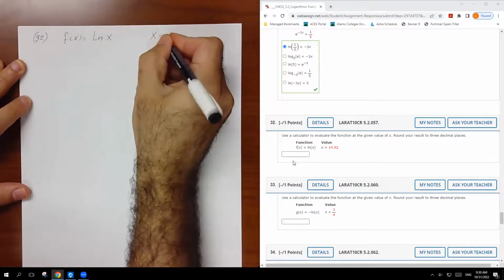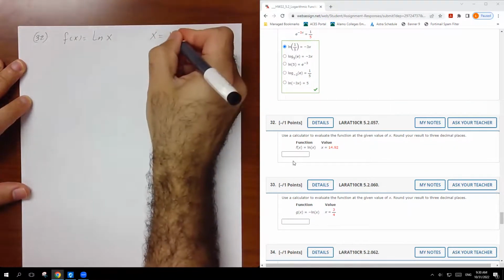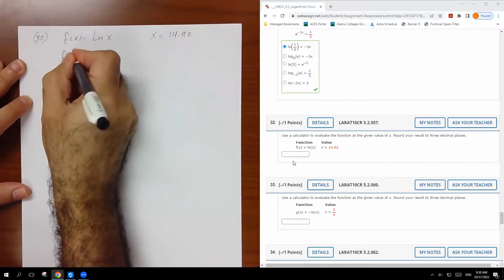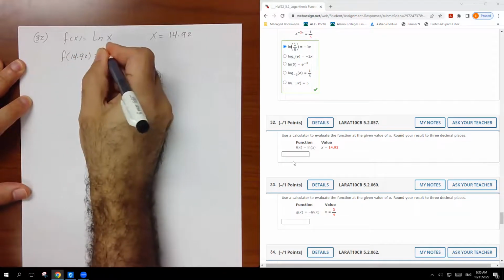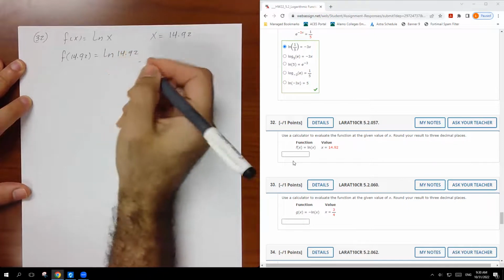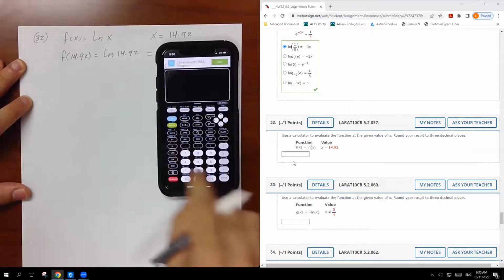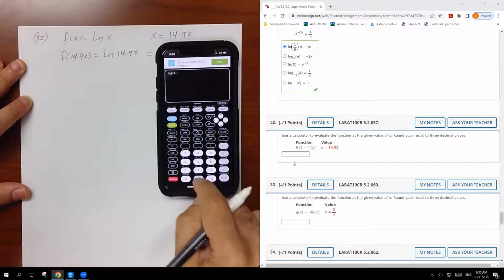Evaluate when x equals 14.92. That means f of 14.92, which is the value of x, equals ln of 14.92. Then we're just going to click on the ln of 14.92.